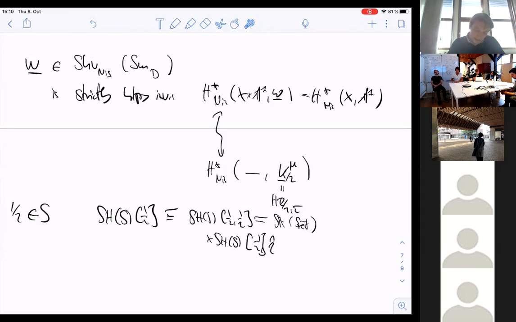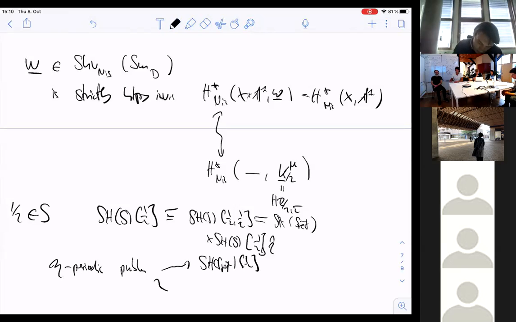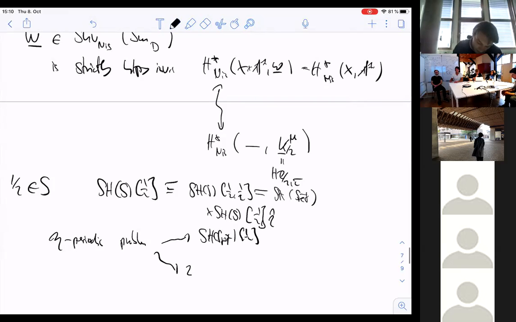So it reduces to the eta-complete problem, which is a two-local or two-complete problem.